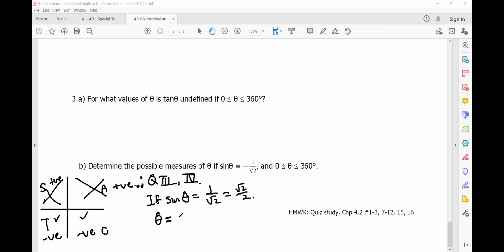Theta has to be 45 degrees. If a triangle with an angle of 45 degrees gives me this answer, the same triangle in quadrant 3 and the same triangle in quadrant 4 should give us the same answer with a negative.